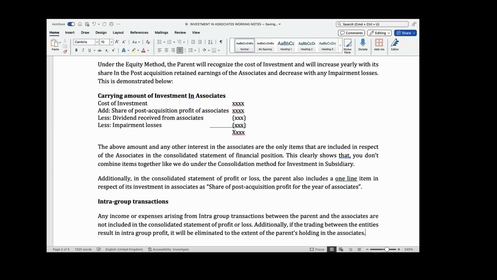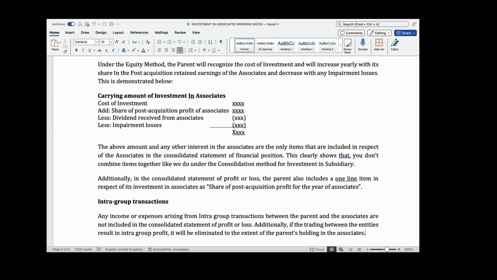I hope you understand, to the extent of the parent holding in the associate. So if they consummate a transaction between one another and there is a profit of 15 naira, you're not going to eliminate the whole of that 15 naira. You will only eliminate to the extent of the parent holding in the associate.